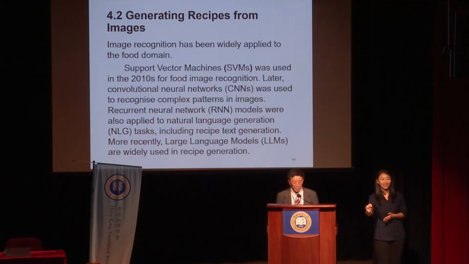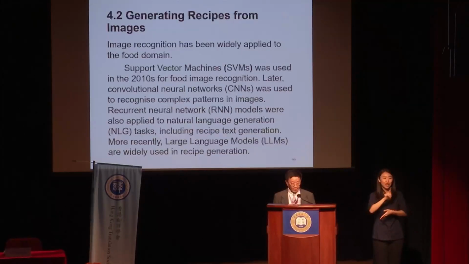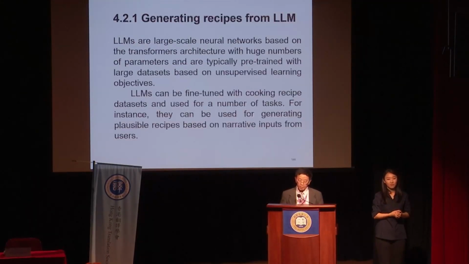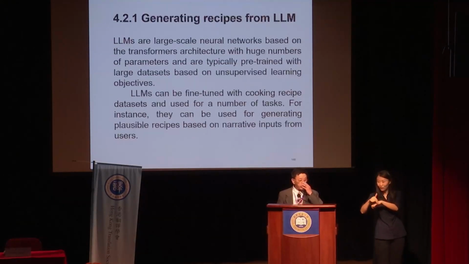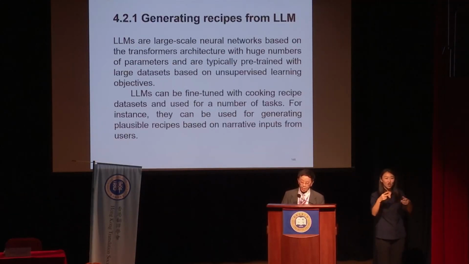More recently, we use large language models, LLMs, in recipe generation. Actually, I did another project on football recognition, where we use LLMs to produce what we call commentaries for football, and so on.